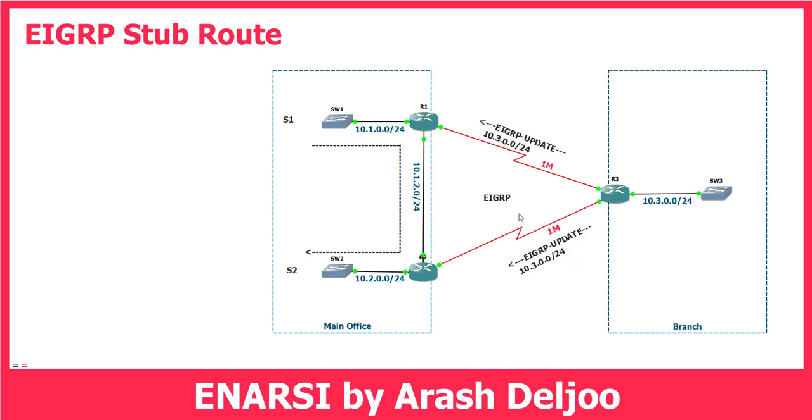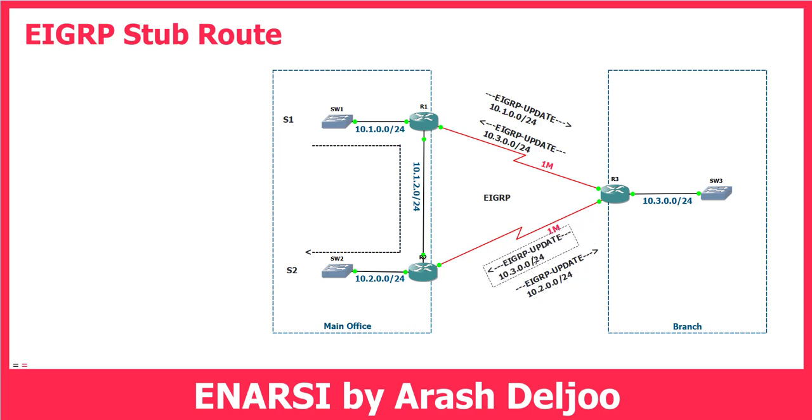Also with EIGRP, we are sending EIGRP updates from R1 to R2. For example, R1 is sending 10.1.0.0/24 to R3, and R2 should also send its network to R3. For example, here we have 10.2.0.0/24. You know it.